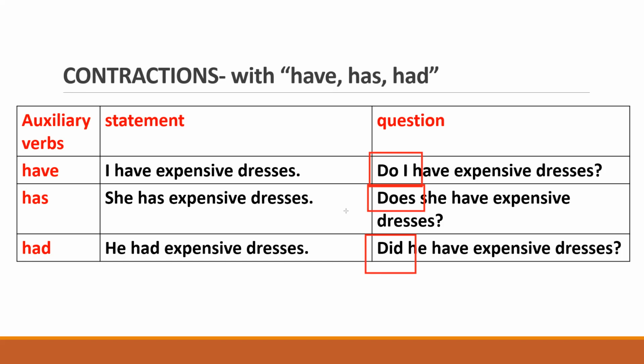It does not get converted into negative or question, so it needs the help of another do verb, and that's why we have it here. Okay, so to know more about it, go check out.